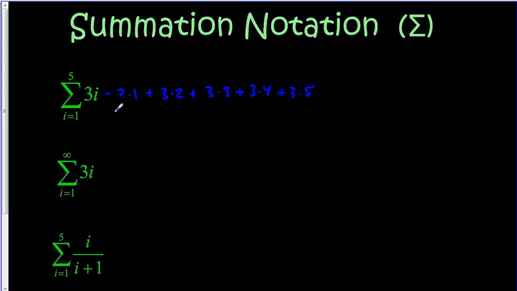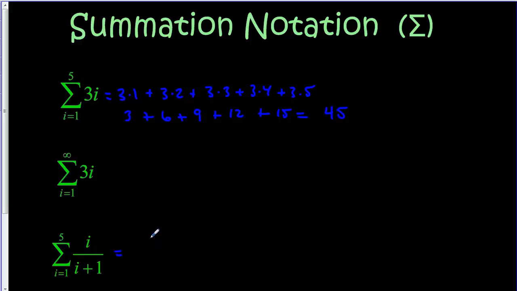Now we would just have to calculate all those numbers, and then we would have to add them up. So we've got here 27, 36, 42, 45. This one we would keep going forever, so it would be an infinite series. I'm not going to do that one out. And then this last one, we would plug in the i for both places.